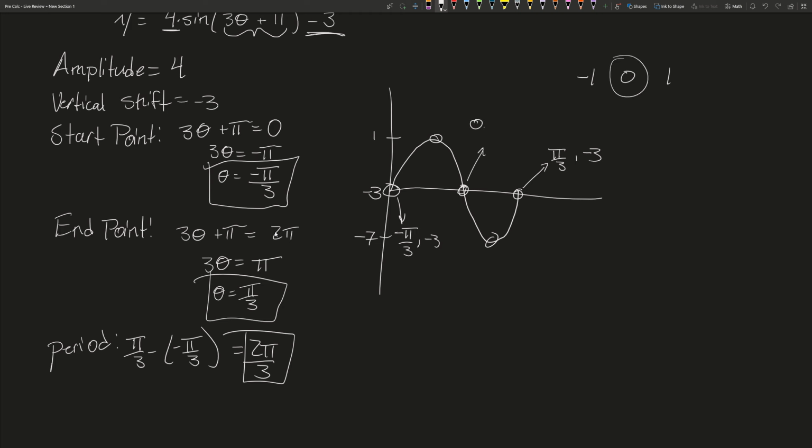So this is 0, -3. And then on either side of that, this point right here is equidistant from our center and our end. So we need half of that distance.